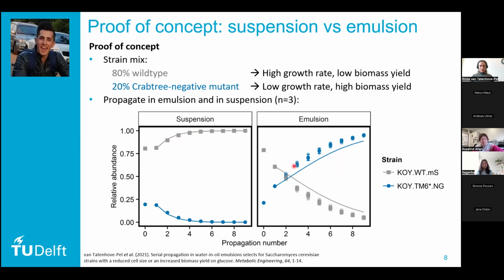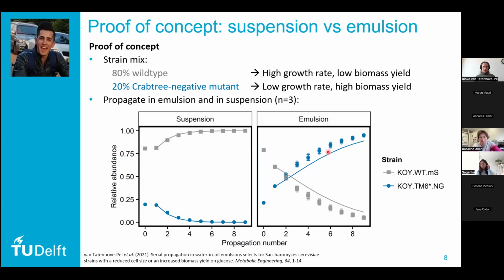And if we do the same propagations, but now in these emulsions, now we see that indeed this Crabtree negative mutant, so this high yield mutant, even though it has a lower growth rate, it still enriches and it outcompetes the wild type.